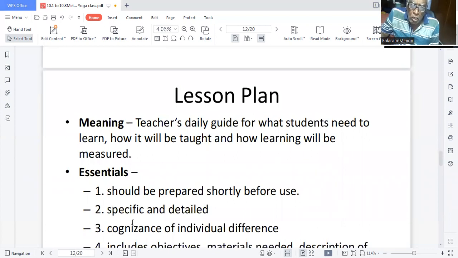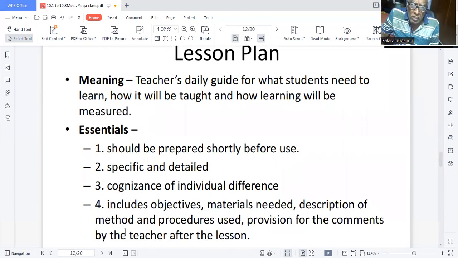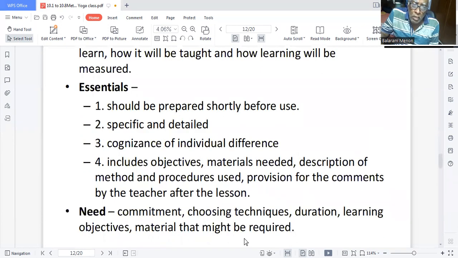Specific and detailed. Cognizant of individual differences. Includes objectives, materials needed, description of the method and procedures used, and provision for comments by the teacher after the lesson. Need, commitment, choosing techniques, duration, learning objectives, materials that might be required.